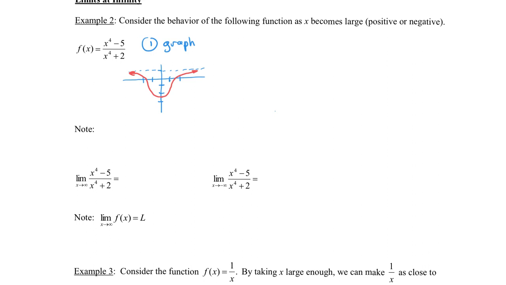So let's take a look also at a table in the calculator. If we again plug this into y1 and then use the table, I'm going to enter some large numbers, large positive and large negative, and let's see what happens.